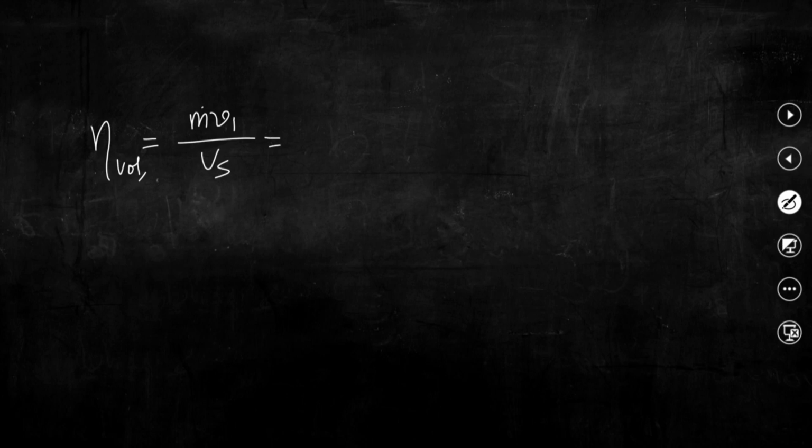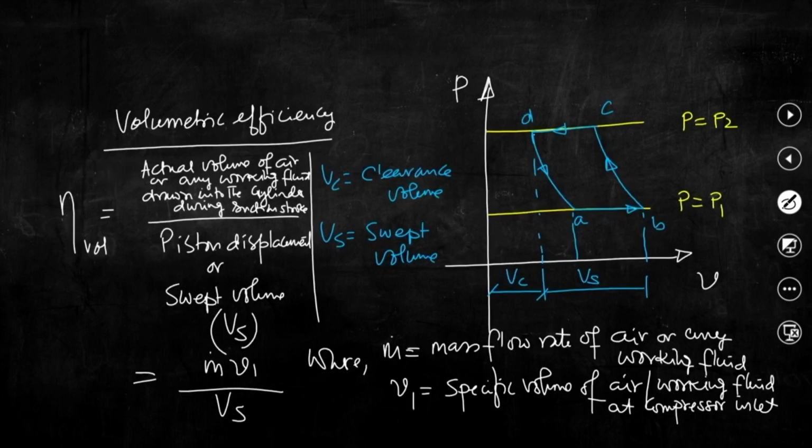And so, what is this? Basically, if we go back to the previous slide, this is the actual volume of air that should be drawn into the cylinder, that is Vb minus Va.